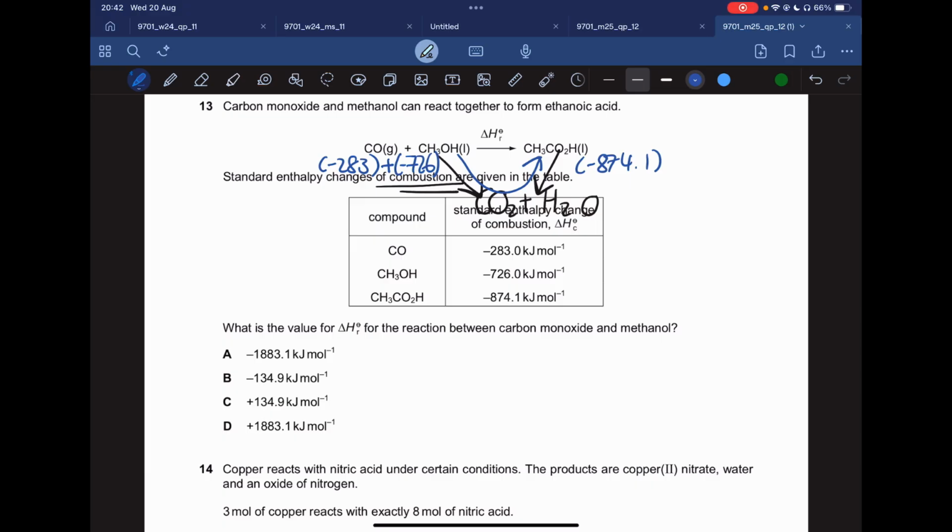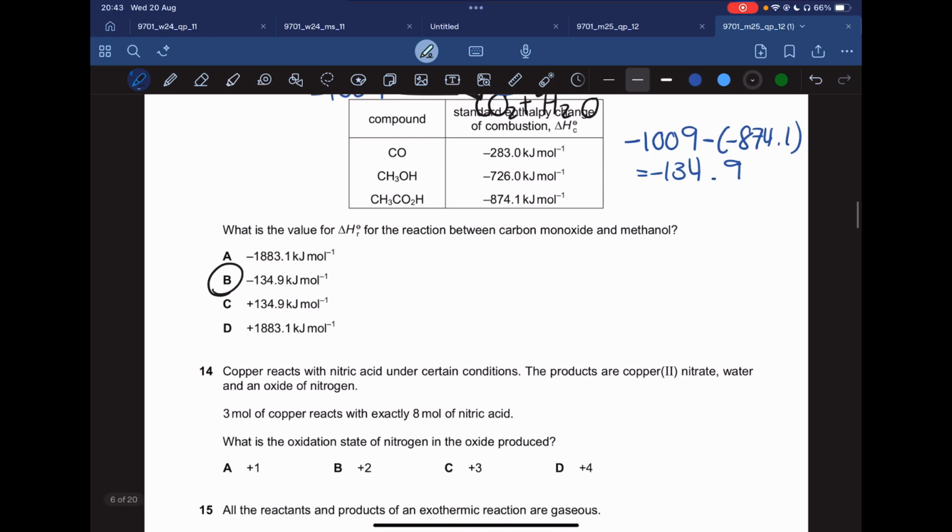So your final calculation, if we add those two together, is negative 1009, minus, because you're going in the opposite direction to your arrow, minus 874.1, and here you should get your value to be negative 134.9. B.